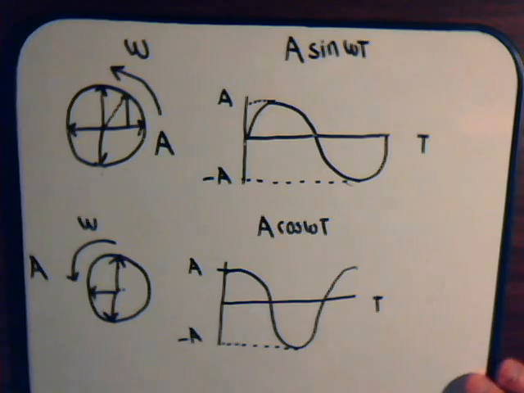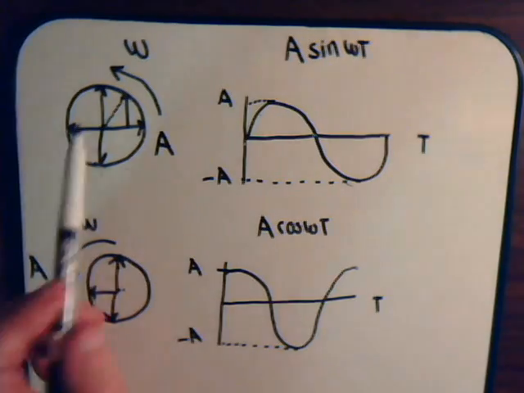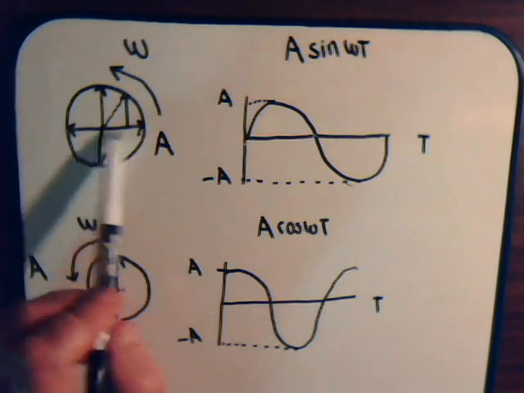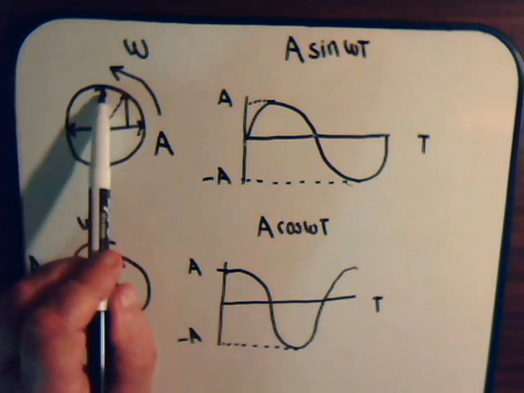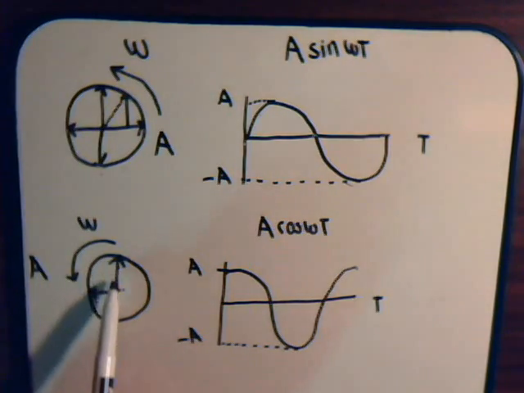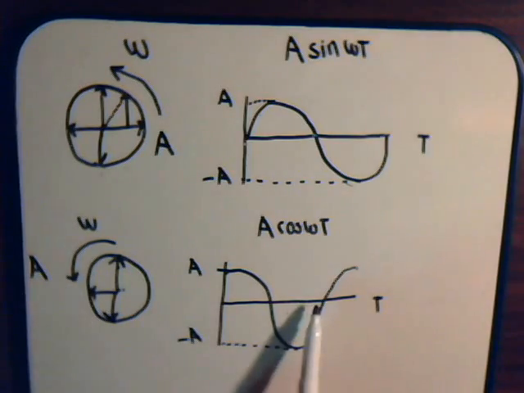That's that point. So our phasor can represent either a sine wave or a cosine wave, depending upon where it is at time t equals 0. If it's right here, then it represents a sine wave. If this is shifted 90 degrees, then as it rotates about the circle, it will represent a cosine wave.